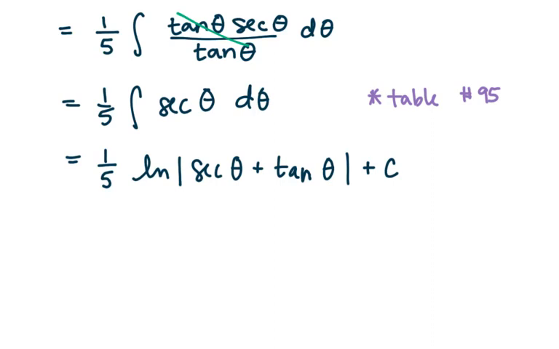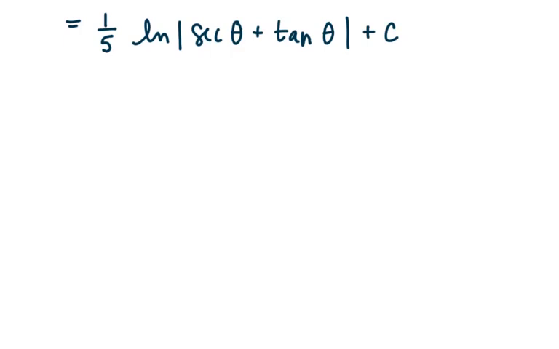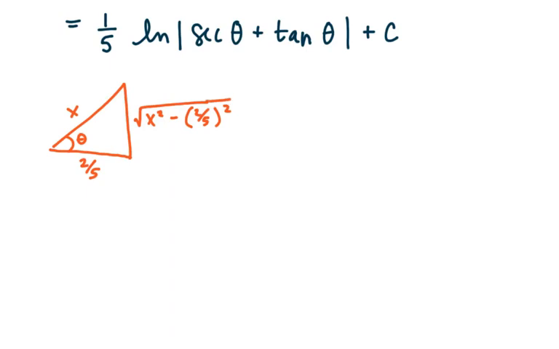Here I have thetas. I did a substitution to create that theta, so I need to substitute my x values back in. So I'm going to give myself some more space, and we're going to consider our reference triangle that we created. Theta is down here in the corner, the adjacent side was 2/5, my hypotenuse was x, and the vertical opposite side is the square root of x squared minus 2/5 squared, and that's found by the Pythagorean theorem, but also the way we set it up.